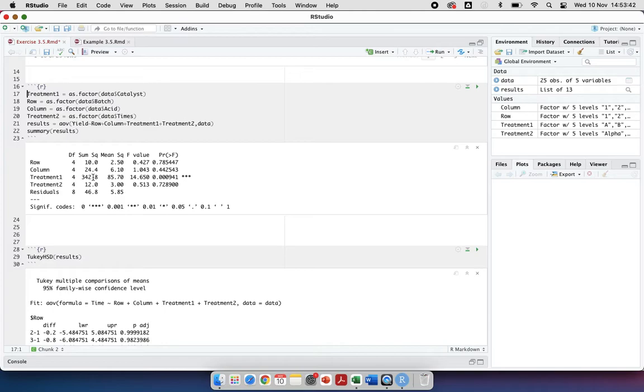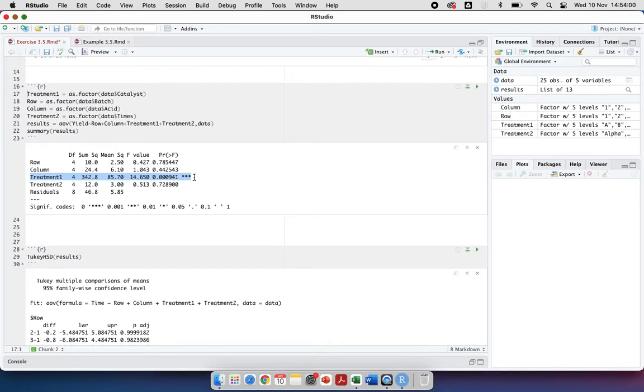Okay, so now look at here. Kita nak tengok p-value yang mana satu. Row ke, column ke, treatment 1 ke, treatment 2. Kita tengok treatment 1, which is the Latin, kita punya treatment. Tengok dekat sini. P-value dia adalah 0.0009.